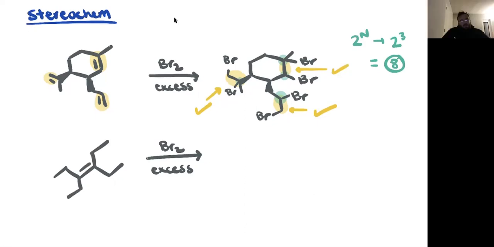Cool. So let's try this and maybe add in. Yeah, we're fine. So for this one, if I were to add in my Br2, it doesn't have to be in excess this time because there's only 1 double bond.